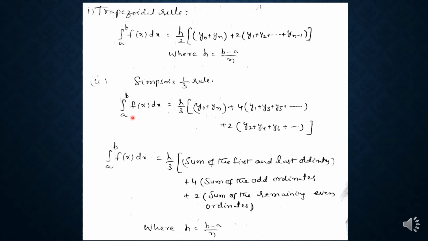So Simpson's rule can be written as: integral a to b of f of x dx is equal to h by 3 into the sum of the first and last ordinates plus 4 into the sum of the odd ordinates plus 2 into the sum of the remaining even ordinates, where h is equal to (b minus a) by n.